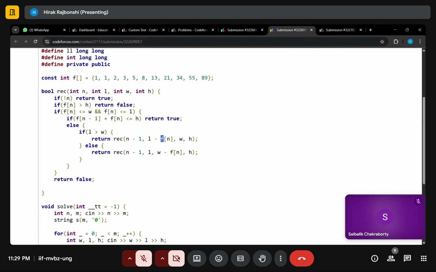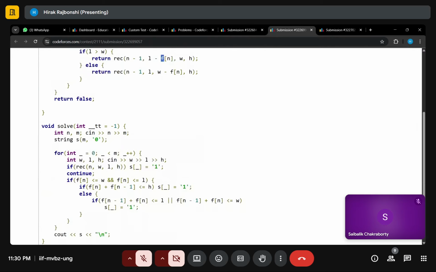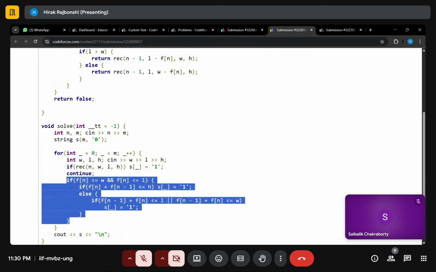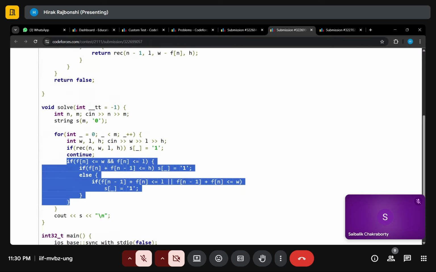Same if width is greater, then I am decreasing the width, and the other part will be the same. When n becomes 0, then the answer is true, otherwise it is false. Okay, so I hope this is clear, and I ignore this part. I am taking input and checking if this is true, then this is 1, otherwise I am initializing all with 0. So this is the solution for this, and ignore this part.